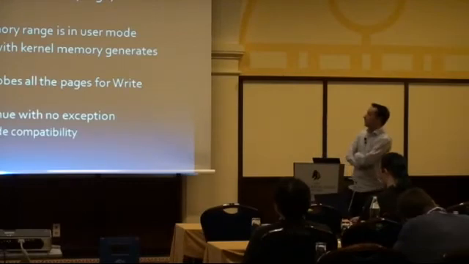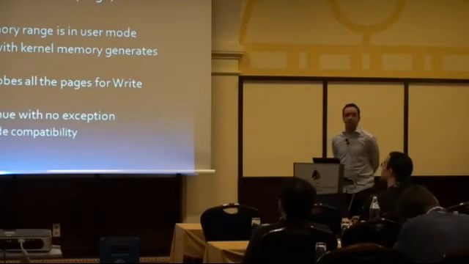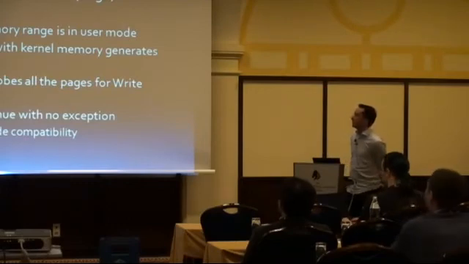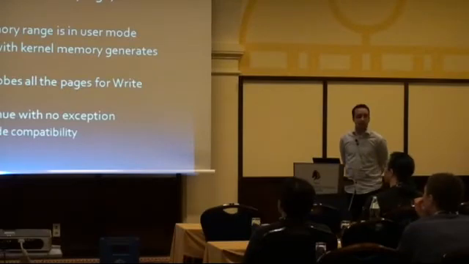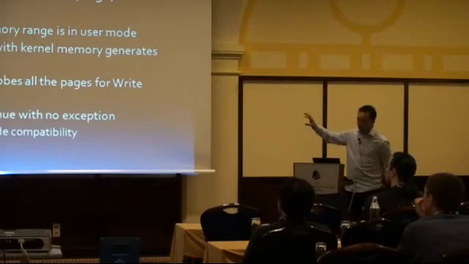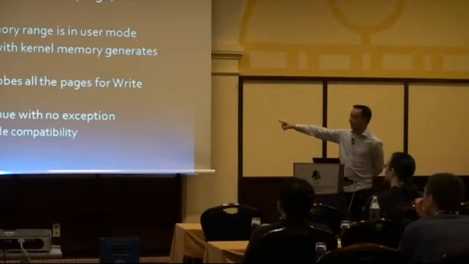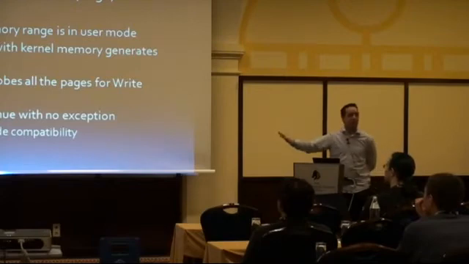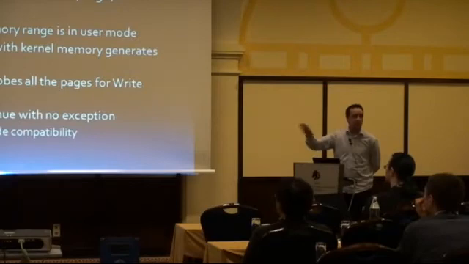This is ProbeForRead, ProbeForWrite. 3 arguments: address, length, that's the range, and alignment. I'm not going to talk about the alignment. Basically, it validates that the range is in user mode, and if not, it will raise an exception. I want you to keep your eyes on the last bullet. If length equals 0, it doesn't matter what you put in address. It can be a kernel mode address, a user mode address, whatever.